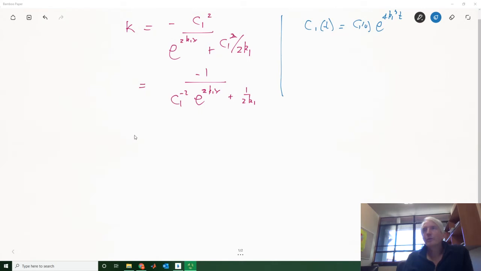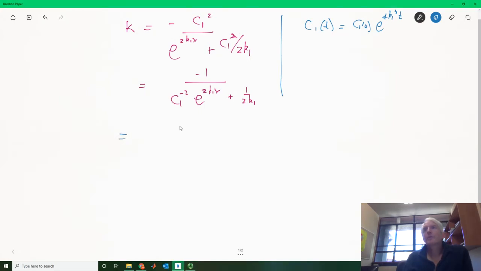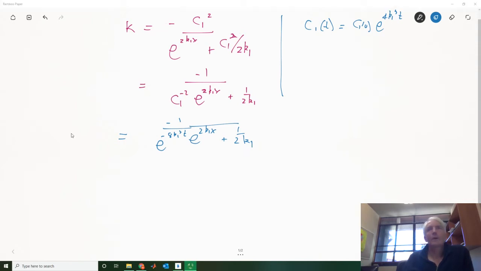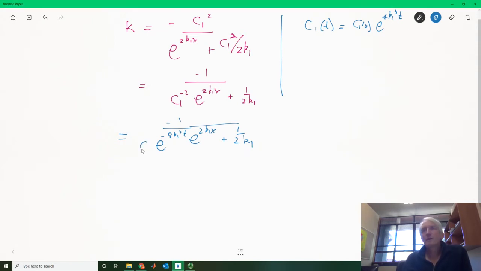So this is equal to minus 1 over e to the power of minus 8K1 cubed t e to the 2K1x plus 1 over 2K1, with C1 naught to the minus 2.